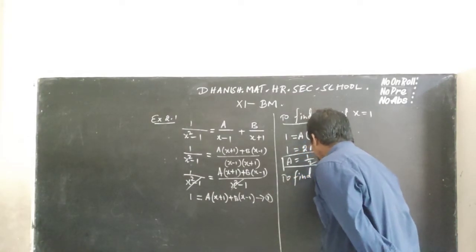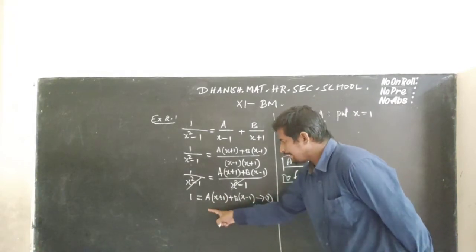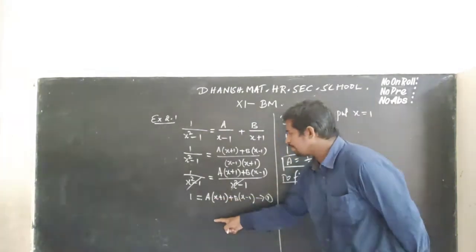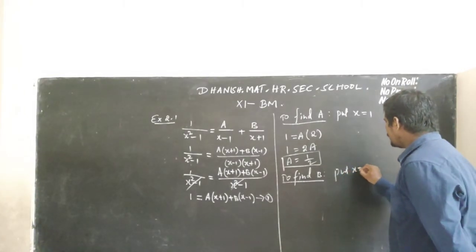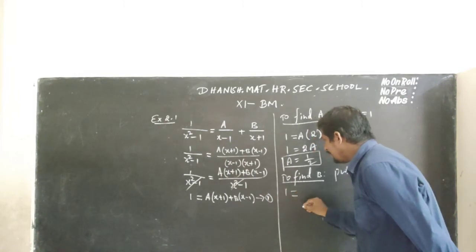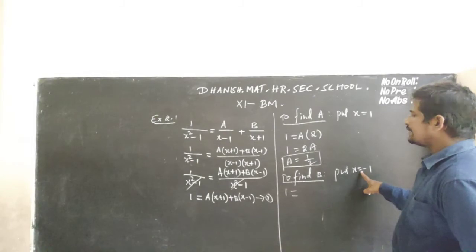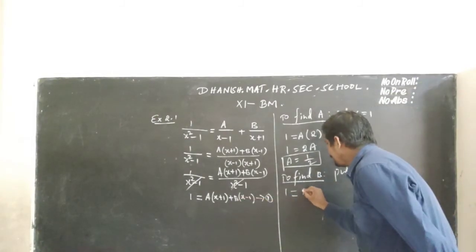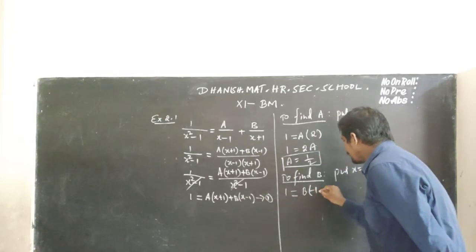Similarly, now I am going to find B. In order to find B, the A term should become 0. To make the A term 0, I am going to put x as minus 1. So put x equal to minus 1. Equation 1 becomes 1 equals, this term will become 0 if I put x as minus 1, then B into x as minus 1 minus 1.